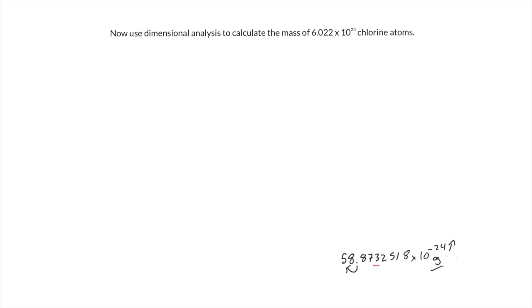So for our next problem, it asked us to use dimensional analysis to calculate the mass of 6.022 times 10 to the 23rd chlorine atoms. Well, we obviously needed more to work with, which is why I carried this value over from the previous question. If we knew the mass of one chlorine atom, it's not a stretch to be able to go to 6.022 times 10 to the 23rd chlorine atoms in mass. Right?